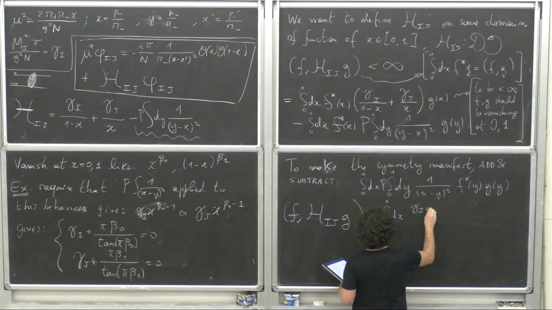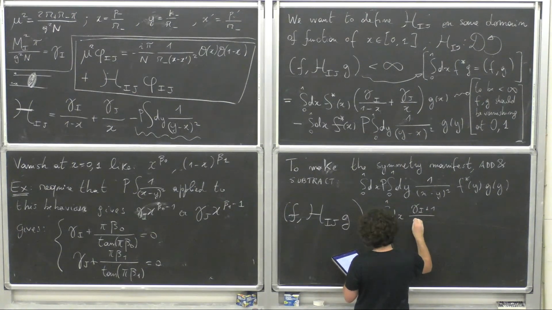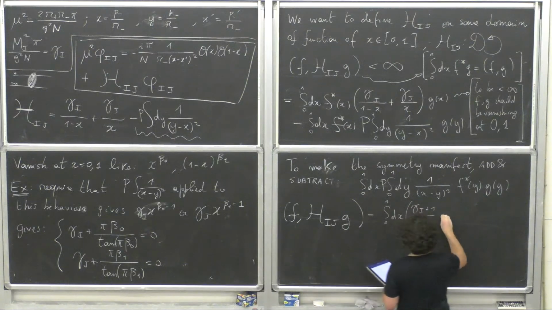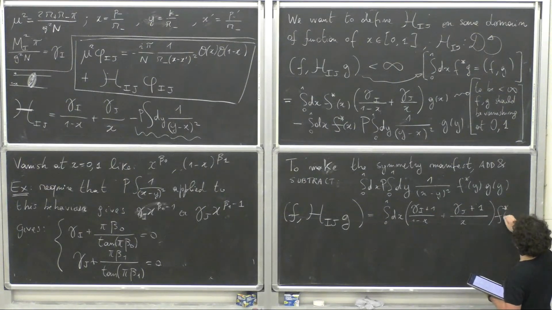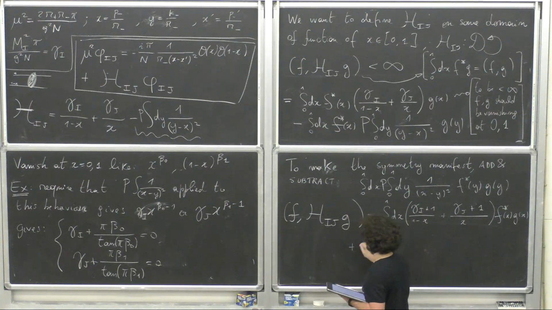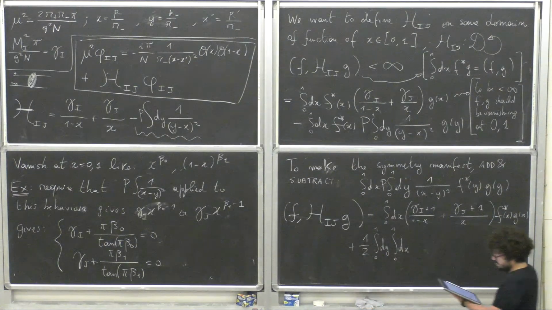You find that that inner product becomes gamma I plus 1 divided by 1 minus x plus, you see this plus 1 pops out, this beautiful plus 1. And then the second term, we can write it like this. Integral 0, 1 in dy, integral from 0, 1 in dx.